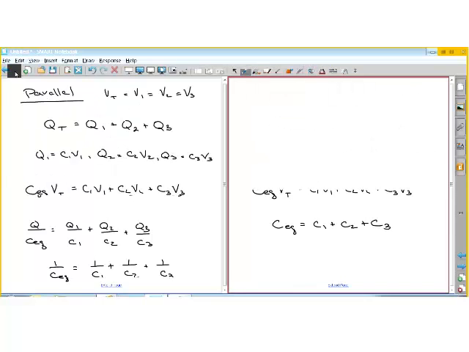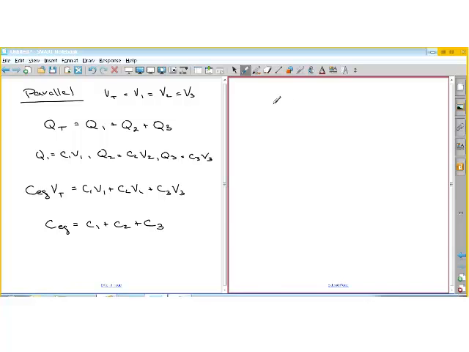So let's just look at an example, 2 cases. Let's look at the series example, and we'll just pick 3, and we're going to pick them so they're easy to calculate. So if I wanted to replace these 3 capacitors, which are in series, with an equivalent capacitance, and let's say this one is 1 farad, this one's 2 farads, and this is 3 farads. Okay.